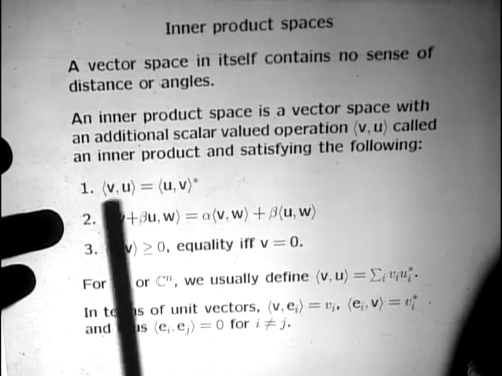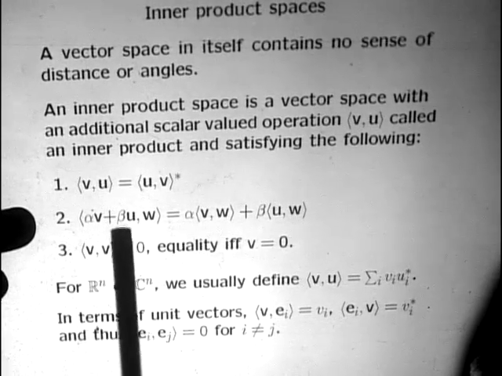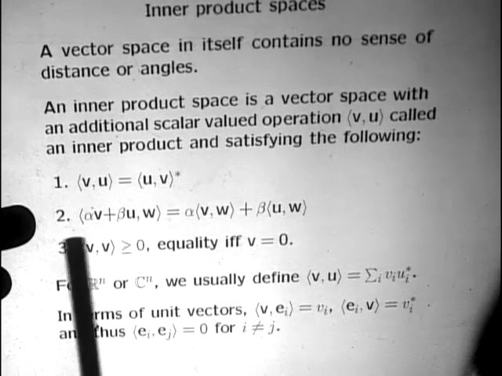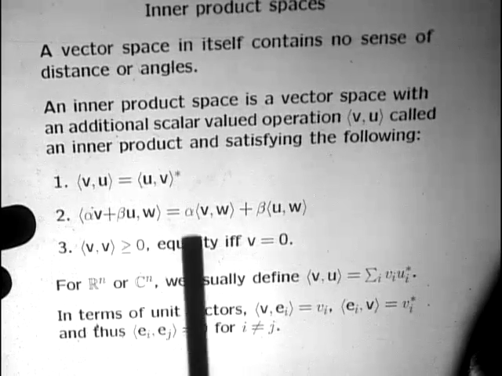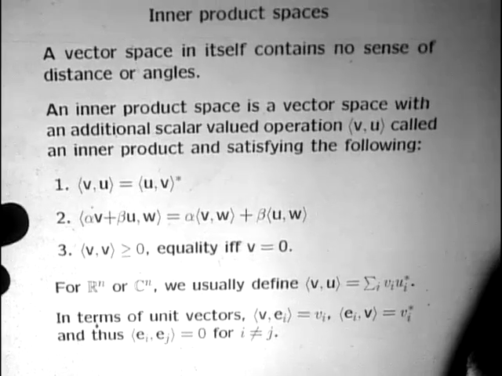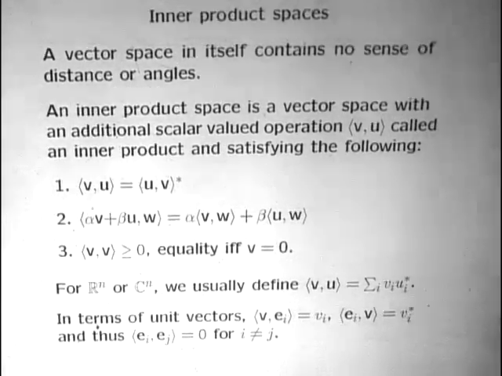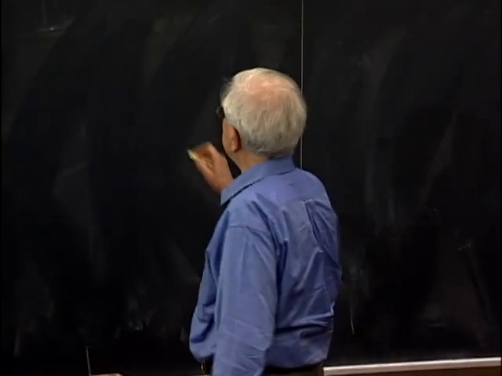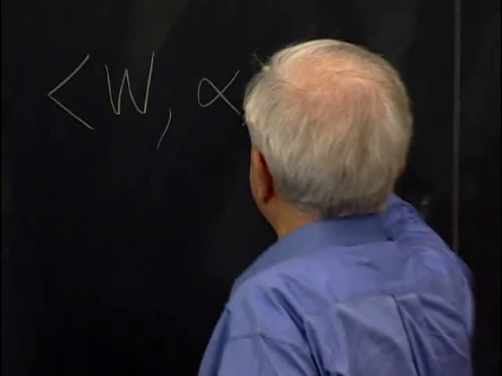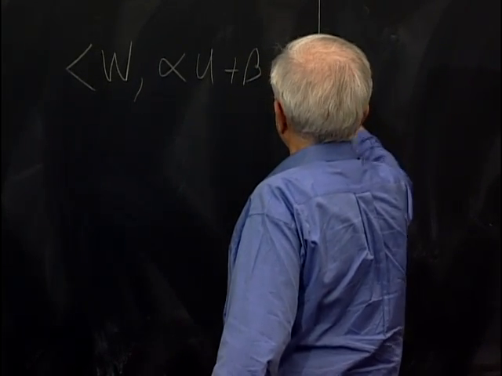It says that if you take a vector which is alpha times the vector v plus beta times the vector u, take the inner product of that with w, it splits up as alpha times the inner product of v and w plus beta times the inner product of u and w. How about if I do it the other way? See if you understand what I'm talking about at all here. Suppose we take w with alpha u plus beta v.